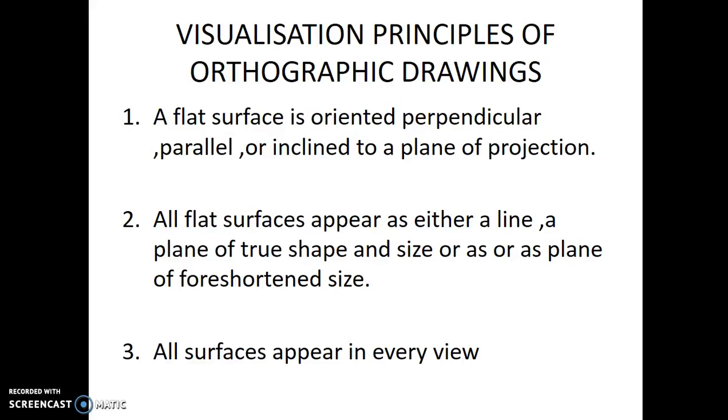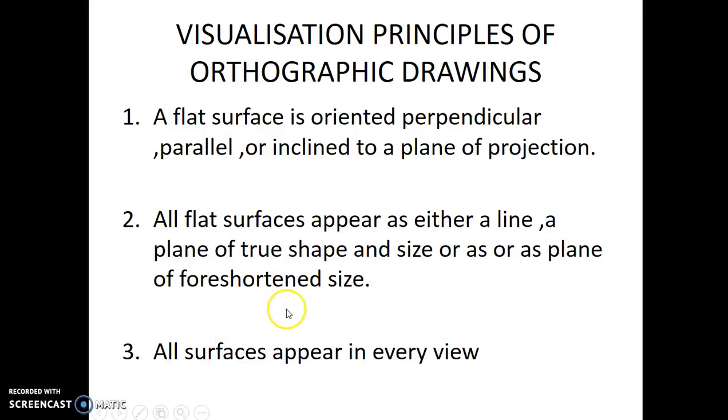Let us conclude the visualization principles of orthographic drawings. So far, what we have seen. First of all, a flat surface is oriented perpendicular, parallel, or inclined to a plane of projection. Accordingly, we may get an edge view, a true shaped view, or a foreshortened view.